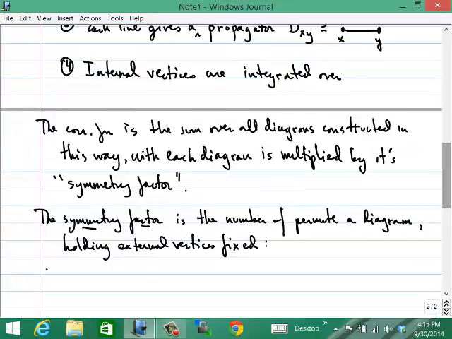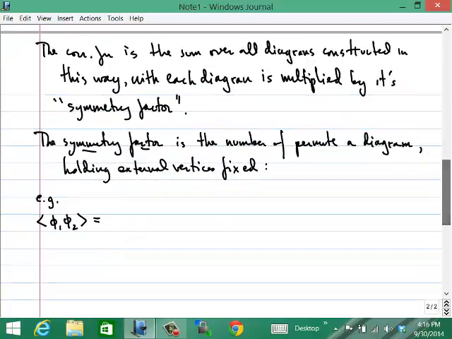For example, last time what we did is we computed the two-point function of two scalar fields, and we found that there was a leading term, which was just the free propagator. So I'll just label these by 1 and 2 rather than x1 and x2. So what is this? This is d12.